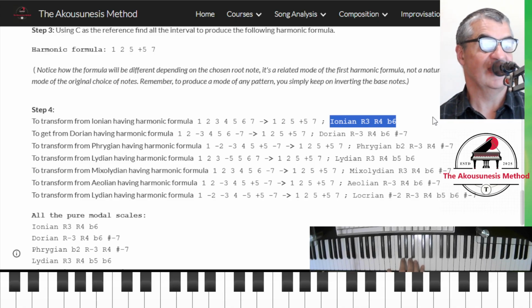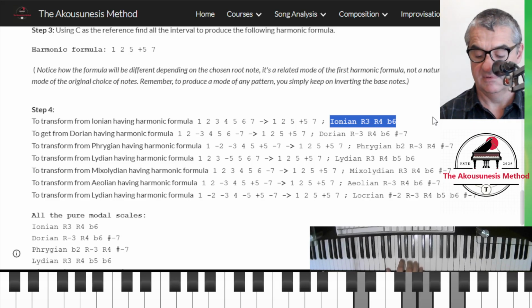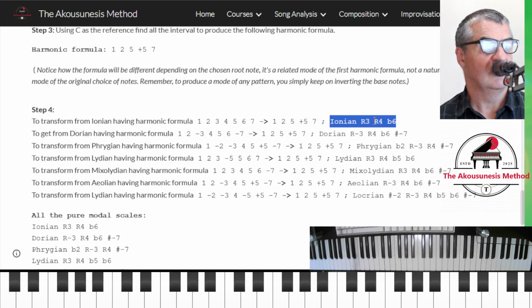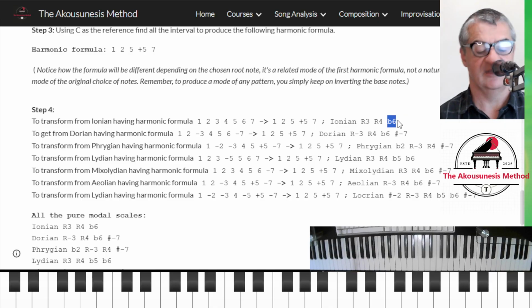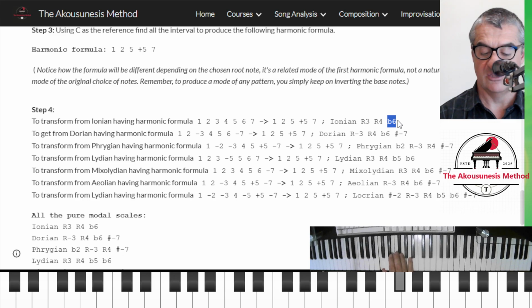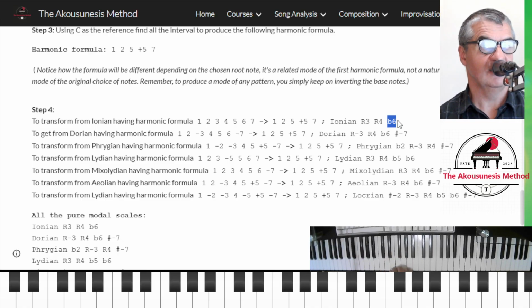But it's not exactly that because we have... It's going to be Ionian flat 6. Oh, okay, so where's the 6? There. Now this is a different formula, right?